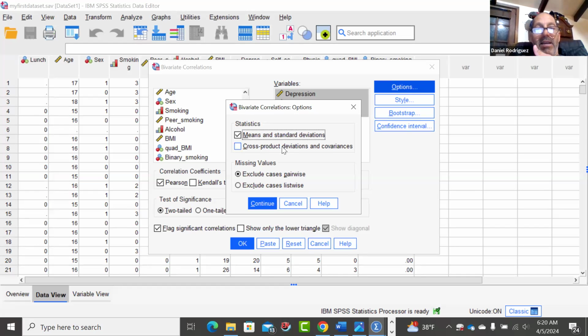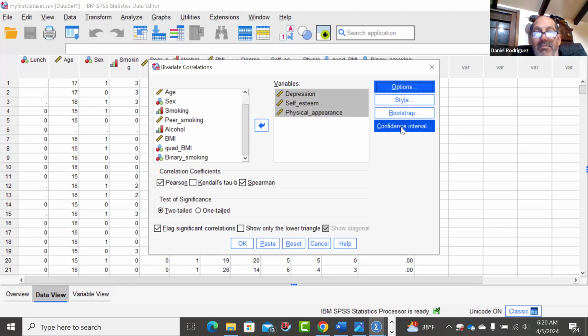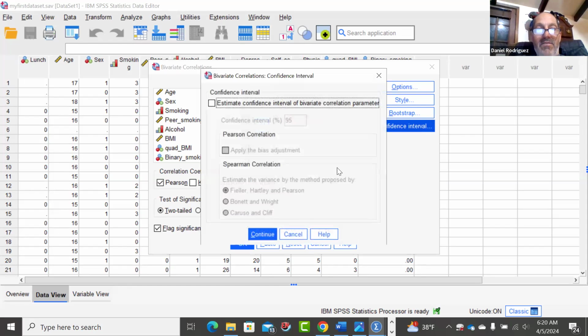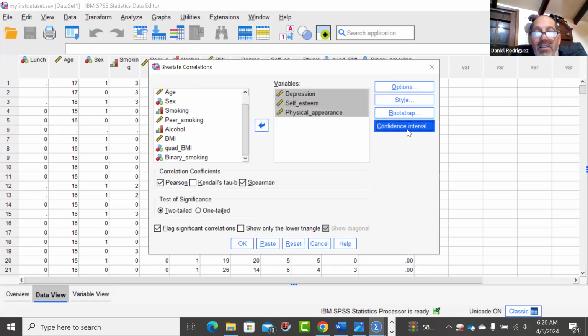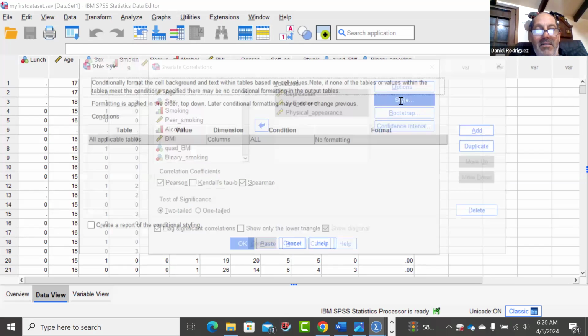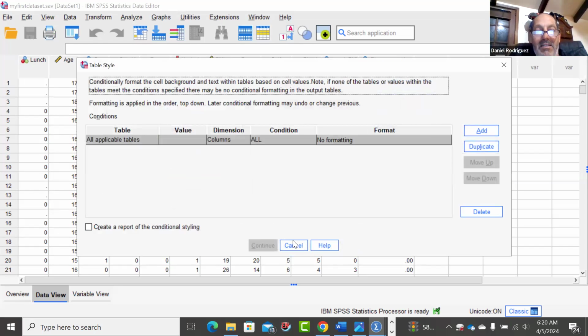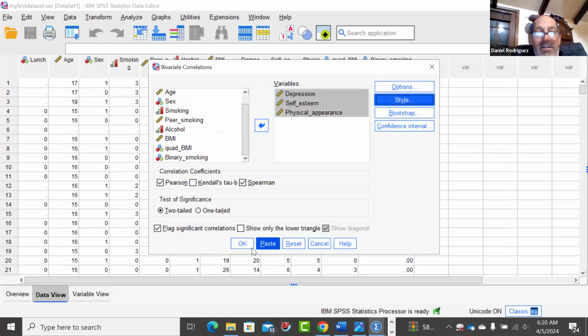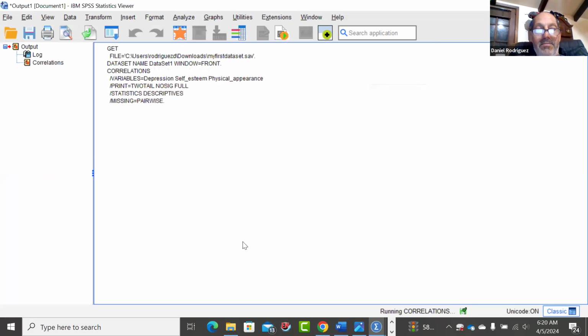If we were doing something by hand, this would be obviously very helpful because now you get the numerator for your equation here. I'm not going to do confidence intervals, or any of this. Nothing interesting there. All right, hit OK.